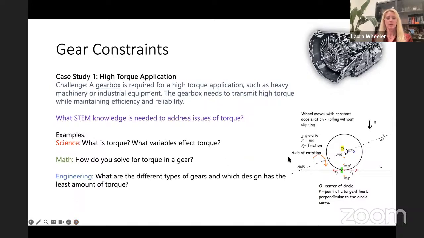Engineering thinking, I would say, what are the different types of gears and which design has the least amount of torque? How can I decrease torque through different gear designs? And technology, which this class is, you would say, how can gear torque be modeled in CAD or using a computer analysis? So these are examples of STEM thinking when considering a problem like torque in a gearbox.